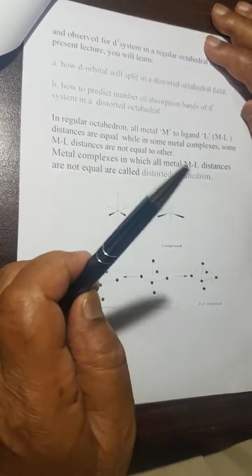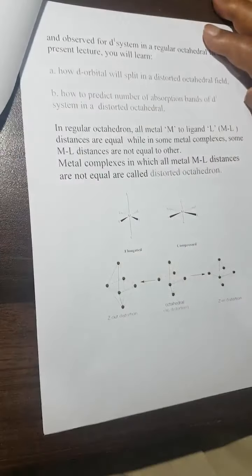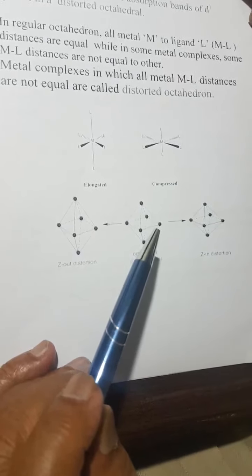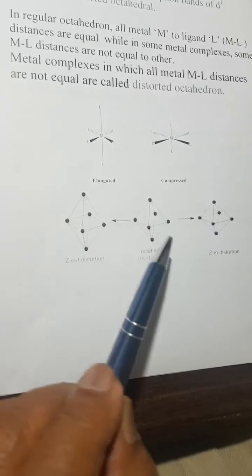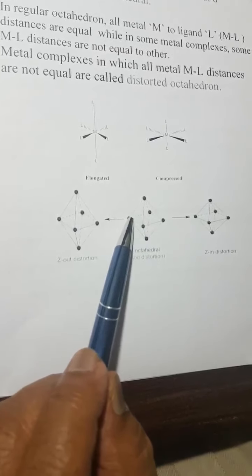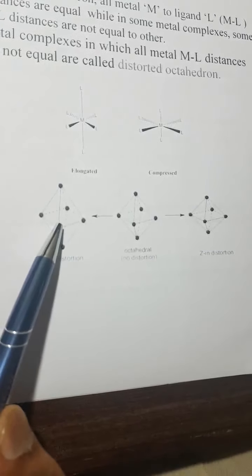Here on page 2 of my lecture number 6, you can see it is with you already. I'm showing here a regular octahedron. All bond distances, metal to ligand, are the same. Here it is distorted.